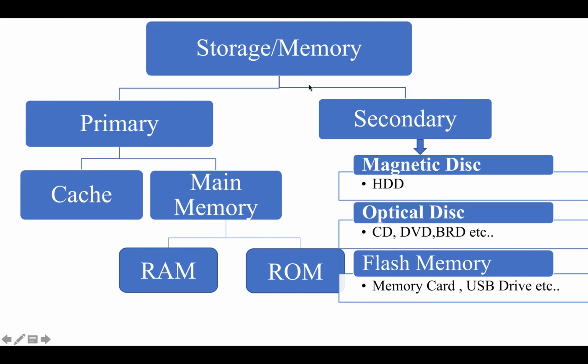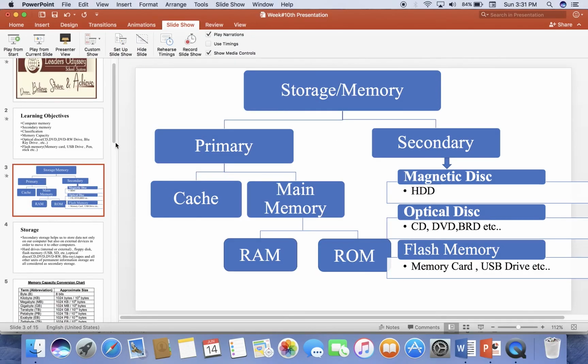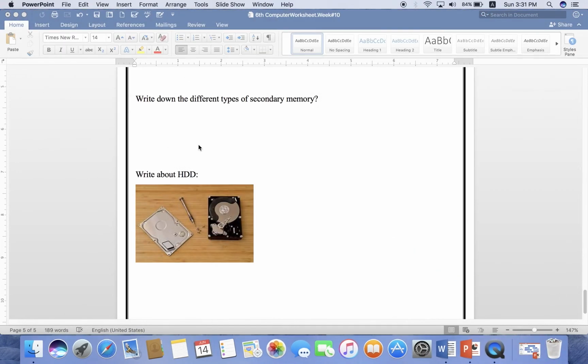Yes, you will draw. And in the second last question, in which you are asked to write down the different types of secondary memory, you will write about magnetic disk, that is HDD, hard disk drive, optical disk, compact disk, digital versatile disk, Blu-ray disk, flash memory, memory card, USB drive. Then write about HDD.